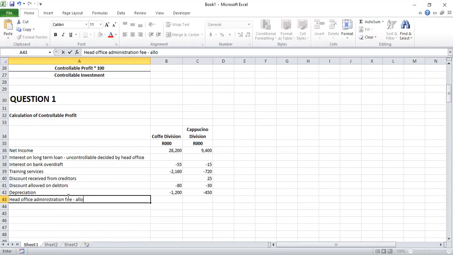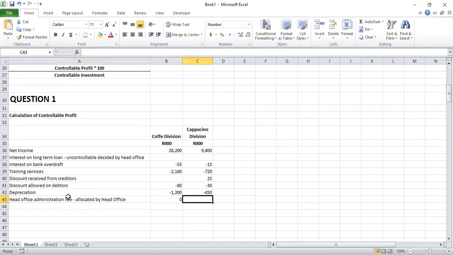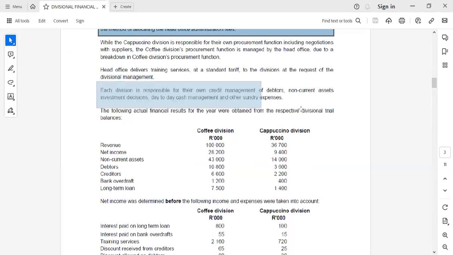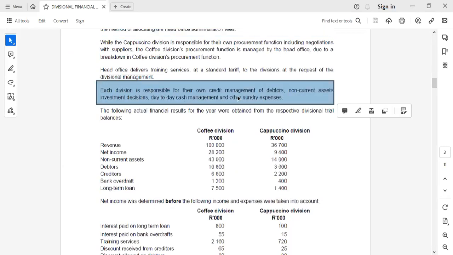Allocated by head office. Right, so that is not controllable. Sundry expenses, I think we're told that each division is responsible for their sundry expenses here.